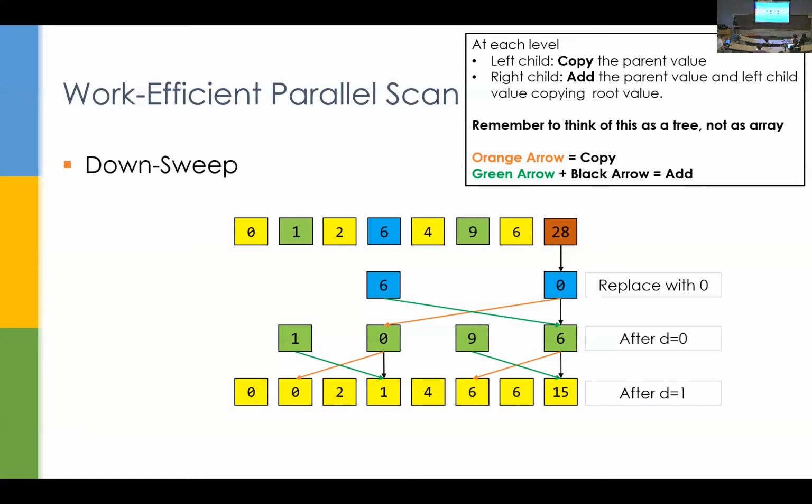Similarly, what is the index of 28? 7. 7's right child is itself. Its left child is 7 divided by 2, so 3. Okay, so that's why you're getting 6 here.